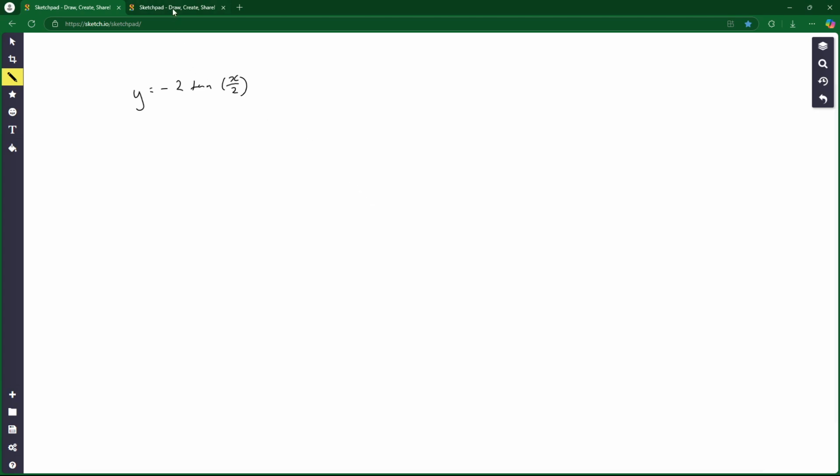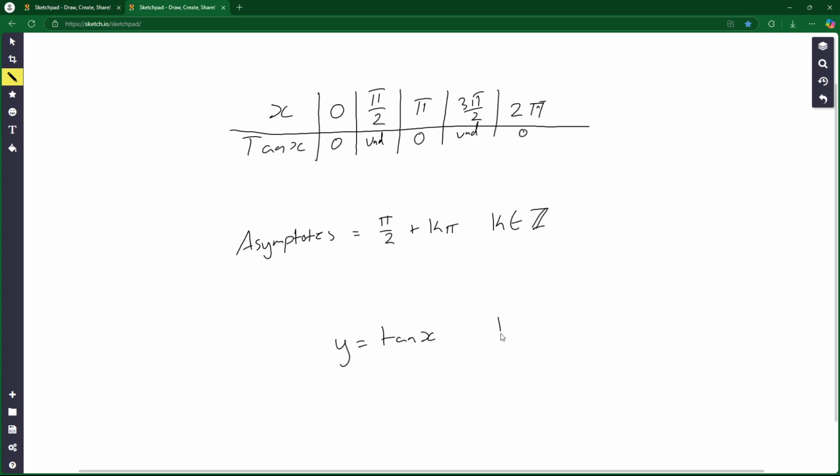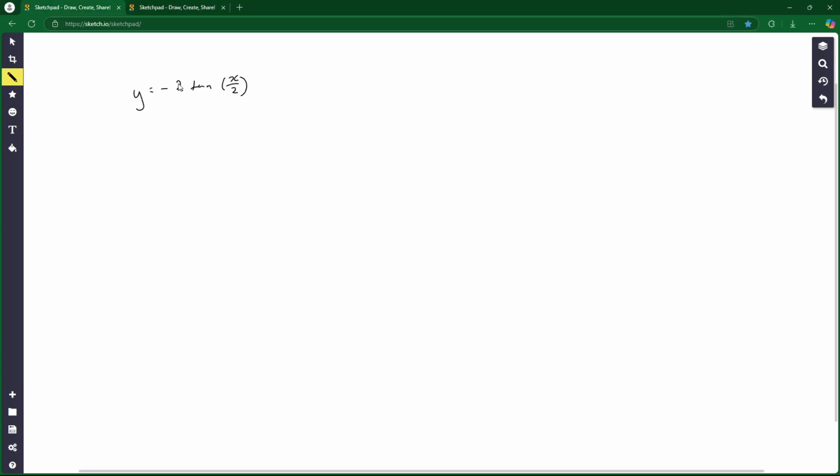Another thing that you also need to know is our period is going to be pi over b. I think I accidentally said 2 pi over b, but it's going to equal pi over b. So again, we'll go ahead and draw the same graph. It's awful.